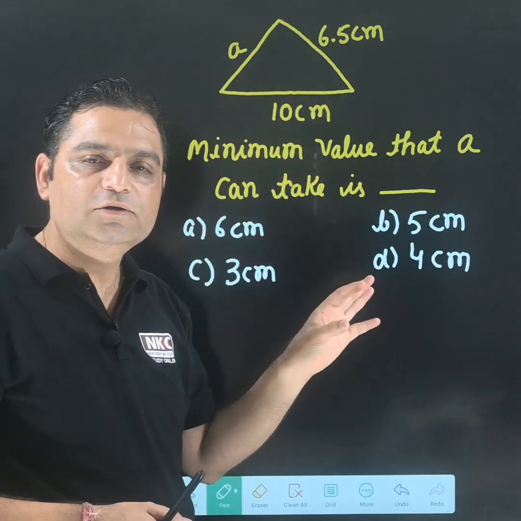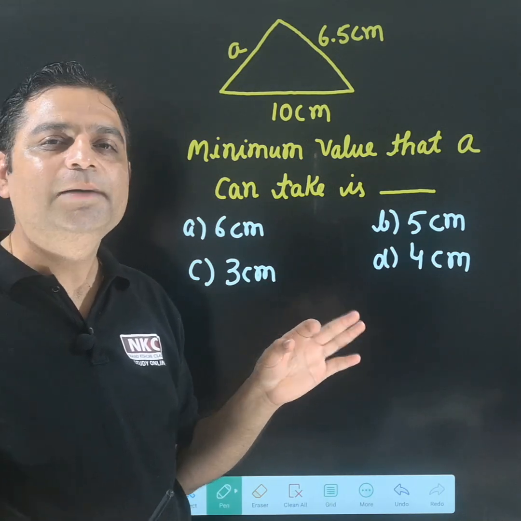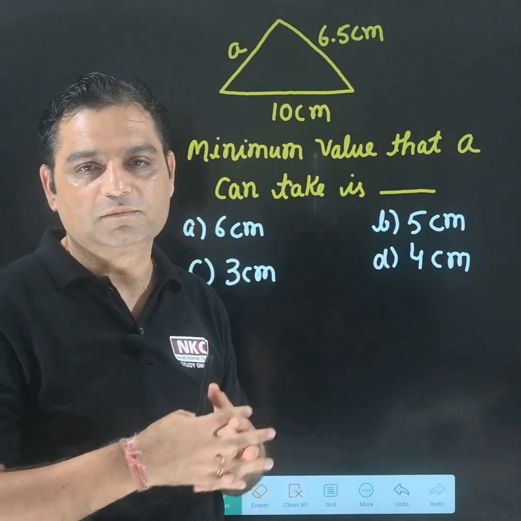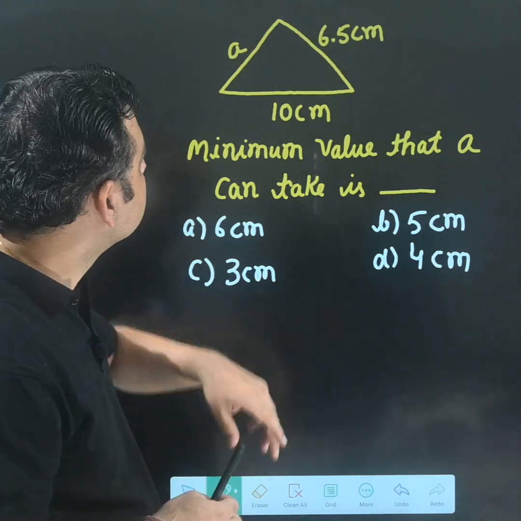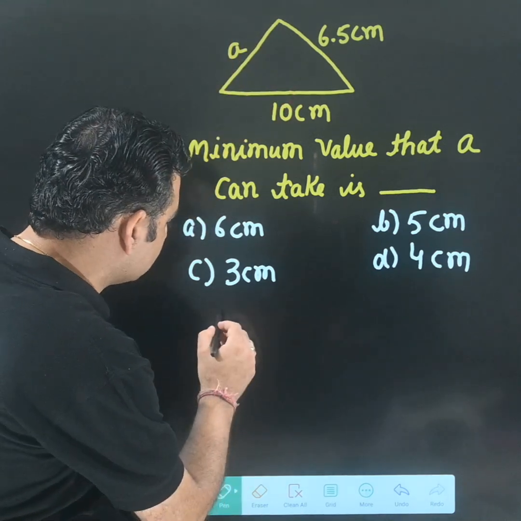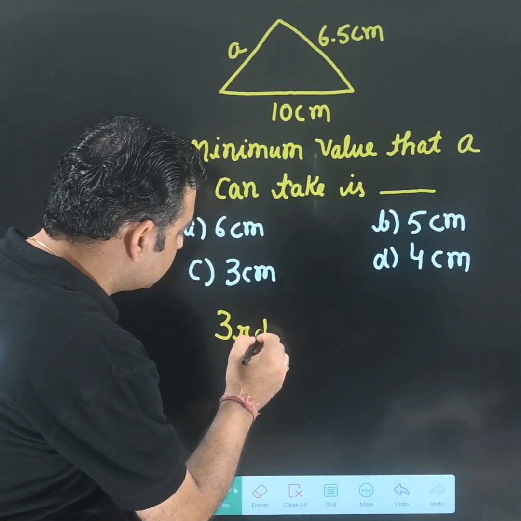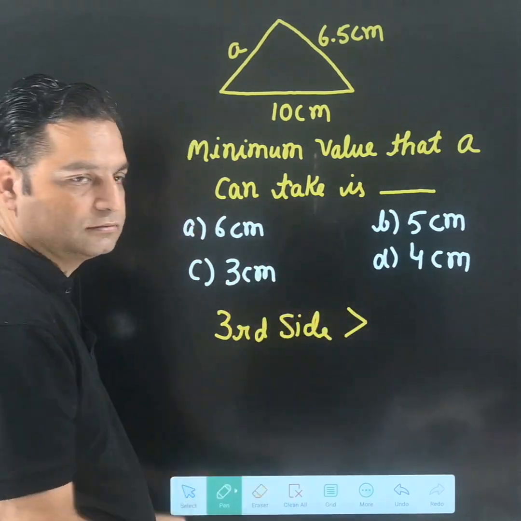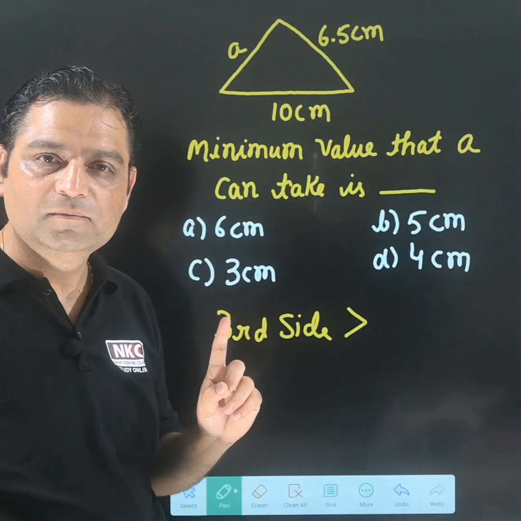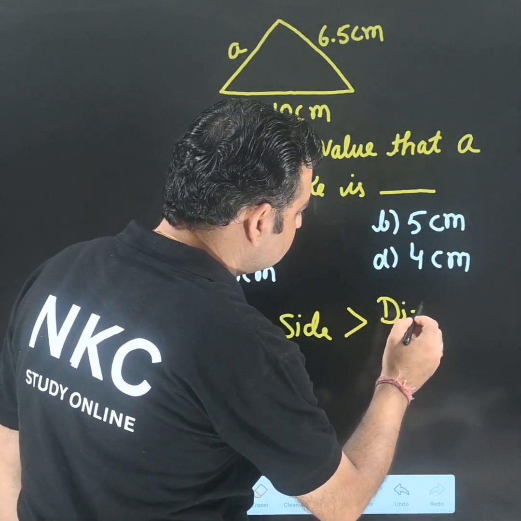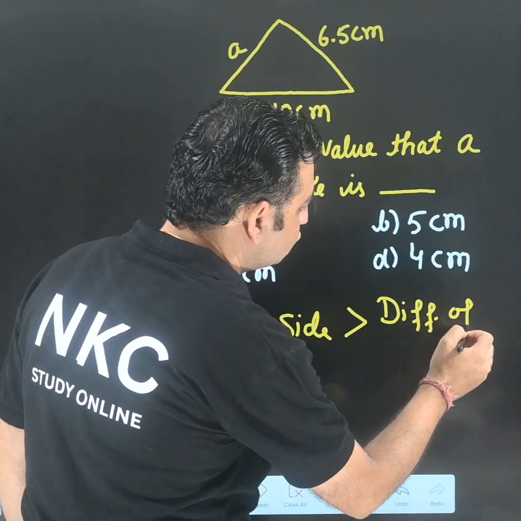Before we directly do this MCQ, I am going to tell you one important condition for when a triangle is possible. When two sides are given, the third side has one rule. Third side is always greater than the difference of the other two sides.